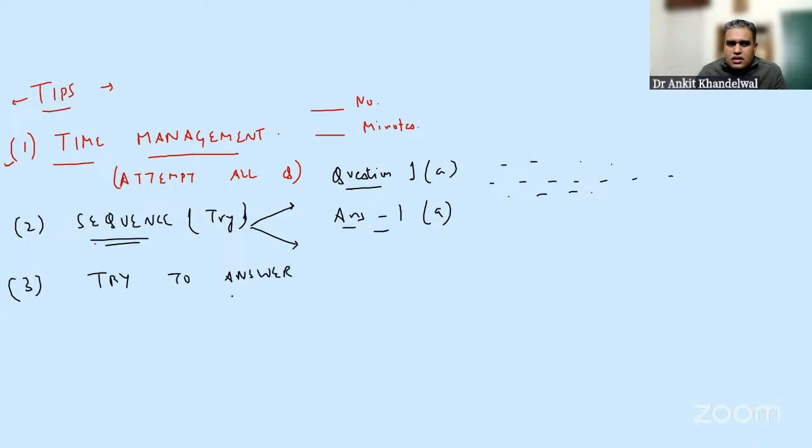Or if it is the second or third, okay. For the beginning, it is good. So try to answer your best question first. This statement will be contradictory to my second statement, which is why I said try to write in sequence. If not, at least your first question should be your best. Okay.